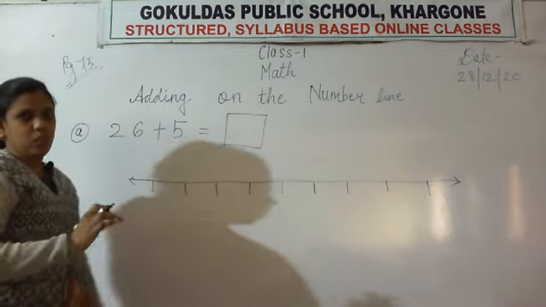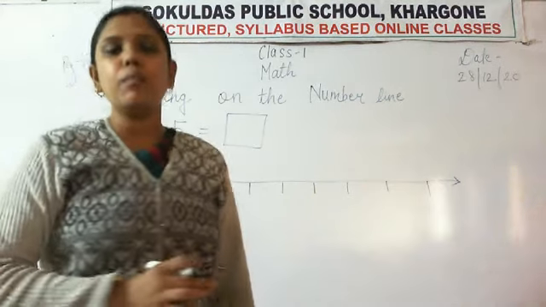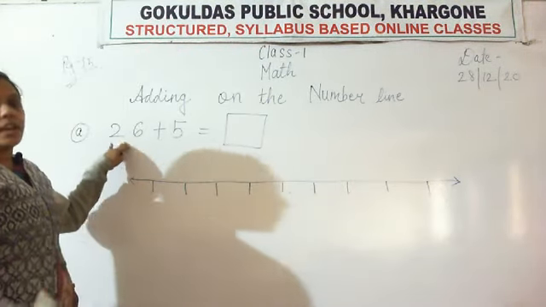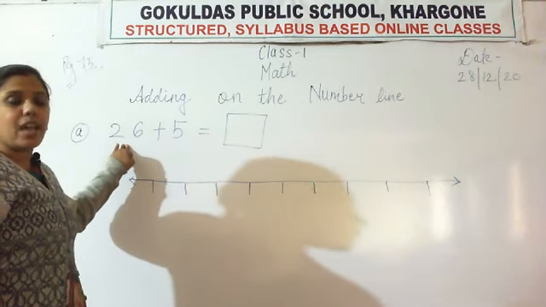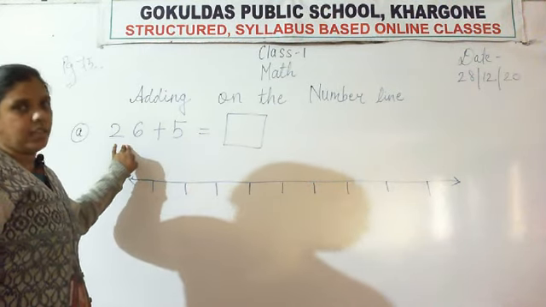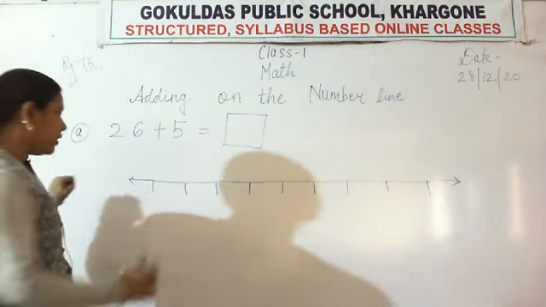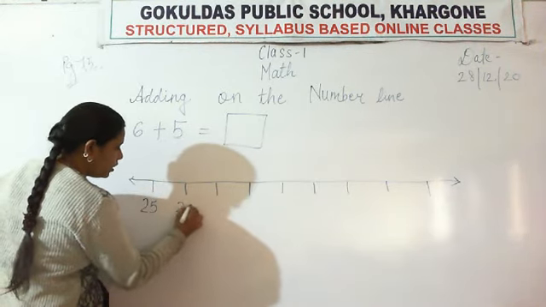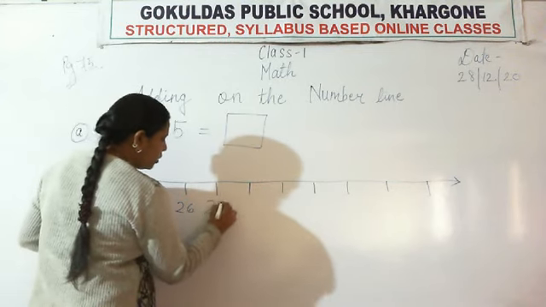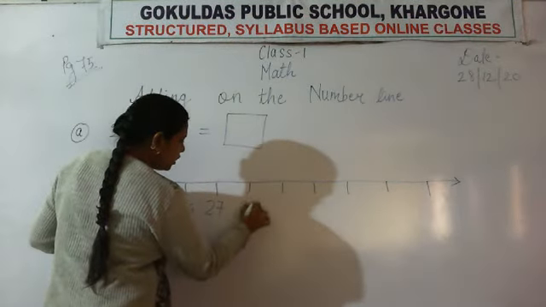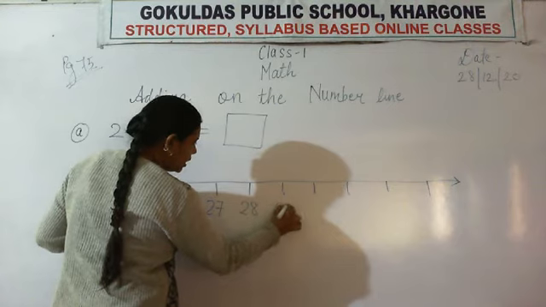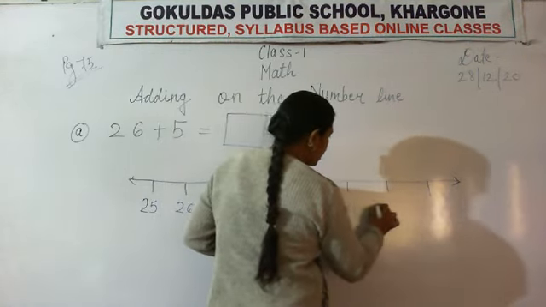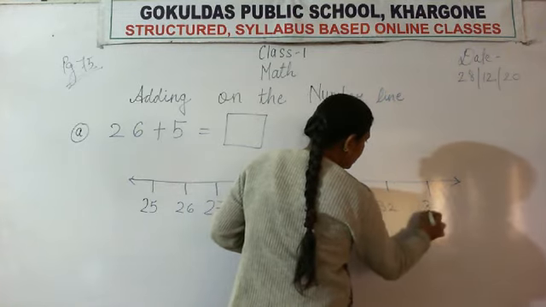26 plus 5. So we will write the numbers on the number line that contain 26, that have 26 on that number line. So we will start writing numbers from 25: 25, 26, 27, 28, 29, 30, 31, 32 and 33.